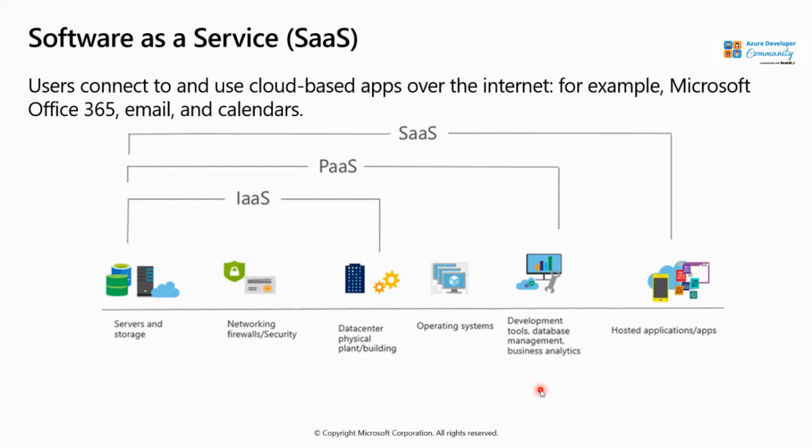PaaS has the operating systems and different kinds of tools. But along with that, if you want a complete application and you just want to focus on your work, then you can have the software as a service model.